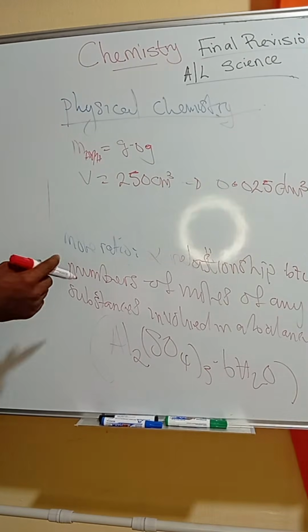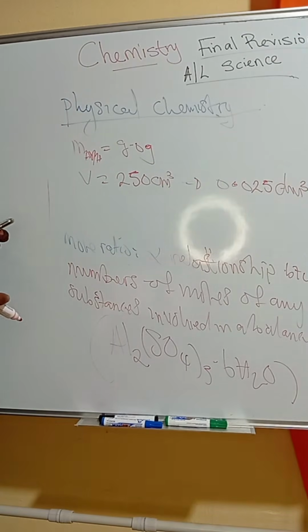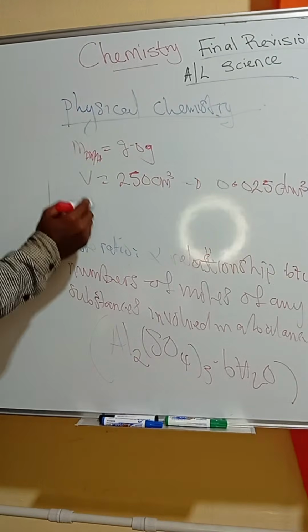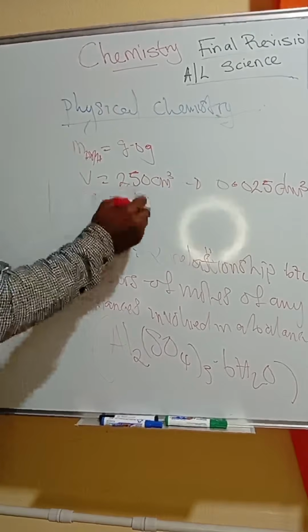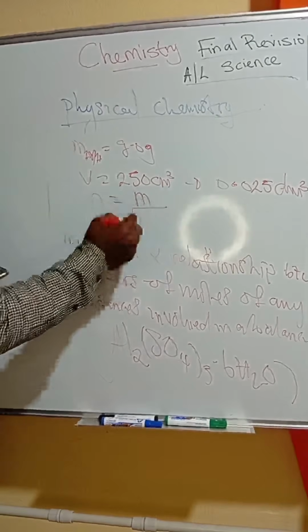After this conversion, what do I do? What other data has been given to us? No other data has been given to us. And they want us to look for the number of moles of hydrated aluminum sulfate. What is the number of moles? Number of moles is equal to mass over molar mass.